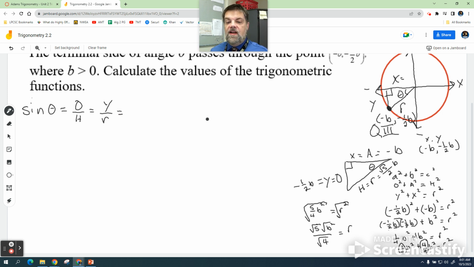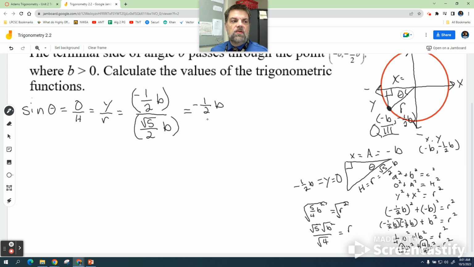So what is my y value? Well, it is negative 1/2 b. Well, what is my r value? Oh, this is crazy stuff, right? Square root of 5 over 2 b. Now remember, we are dividing by a fraction, so therefore we would multiply by the reciprocal.